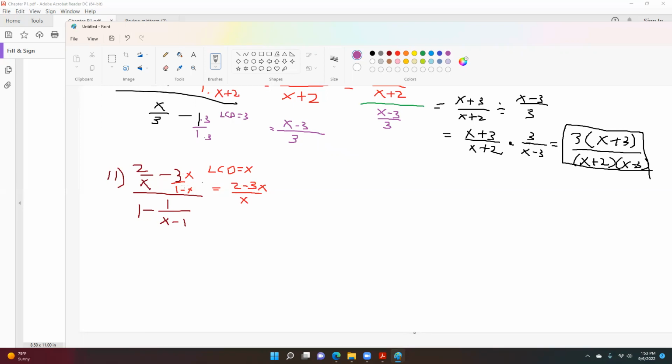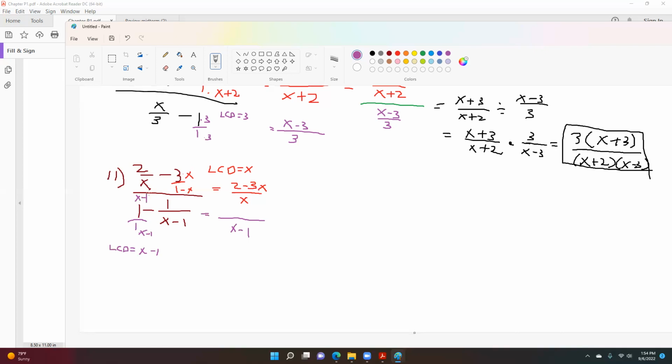Now we do the denominator. So this is over 1. So the LCD for this case, again, I put it right down here, for the denominator is going to be x minus 1 because it's 1 times x minus 1. So that is your x minus 1 here. And because this doesn't have x minus 1, we will multiply this by x minus 1.